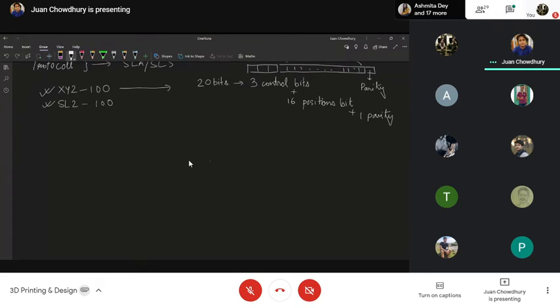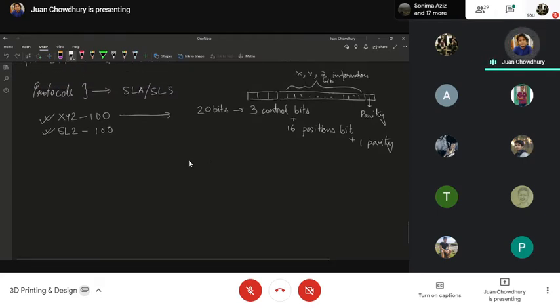Second, you know what is underneath a 3D printer: a microprocessor, and programs that encode and decode information, some inputs, some outputs, and eventually certain protocols and languages, which are G code, M code, and the XY2 and SL2 protocols. So this kind of summarizes what we require.